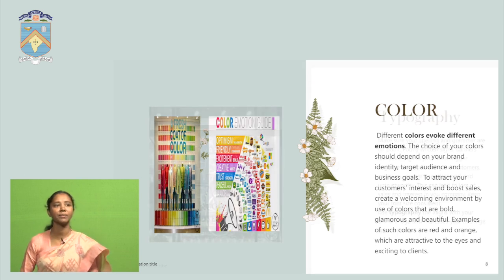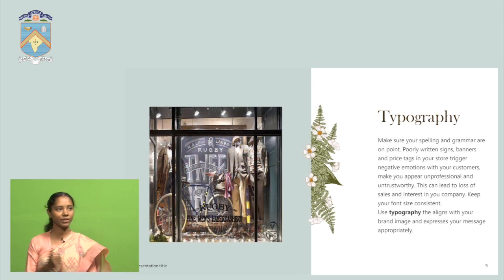The next element is typography. If we observe that particular image, we are using typography; it is writing that communicates a message to the customer, but it should be aligned with the promotion of that particular brand. Typography is about grammar on point.